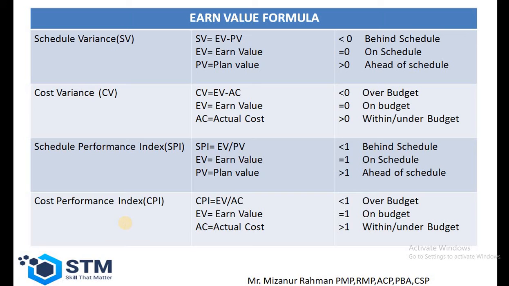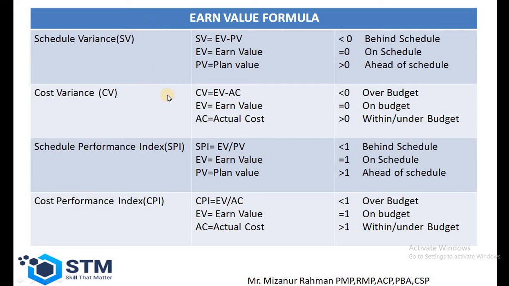If we look at all of the formulas, here is earned value, here earned value, here earned value, here is earned value. So for calculating schedule variance, cost variance, schedule performance index or cost performance index, first we have to consider the earned value.